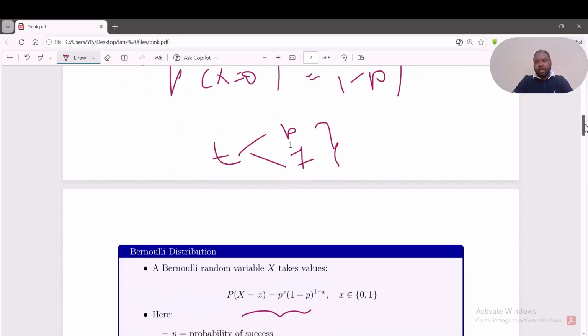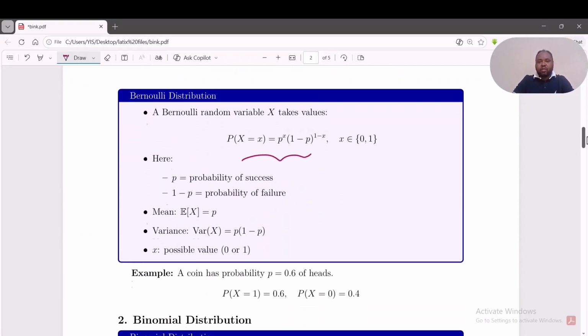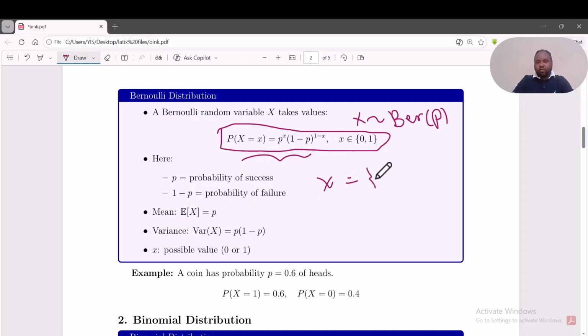All such trials can be generated by this probability mass function: X is distributed Bernoulli with parameter p, with a probability mass function given here, with possible values 0, 1, where 1 represents success and 0 failure. The probability of success is denoted by p here, and 1 minus p is the probability of failure.